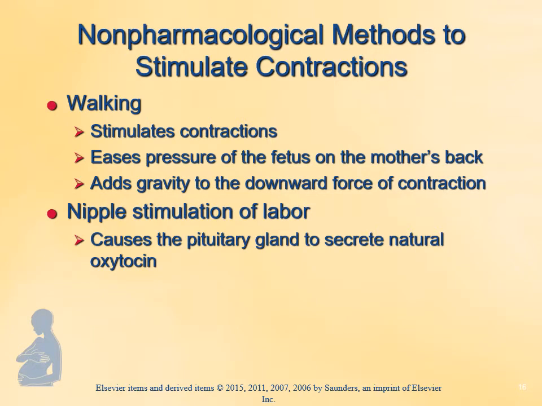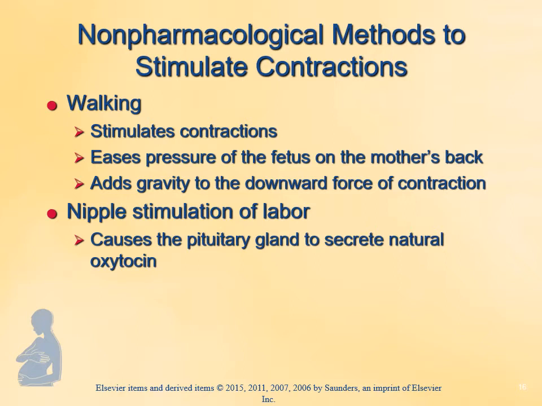Some other ways that patients can possibly get their labor going and stimulate contractions: walking can help stimulate contractions. It allows gravity to help pull that baby down onto the cervix and put pressure on the cervix, and that can make contractions a little bit stronger, a little bit more effective in what they're doing.